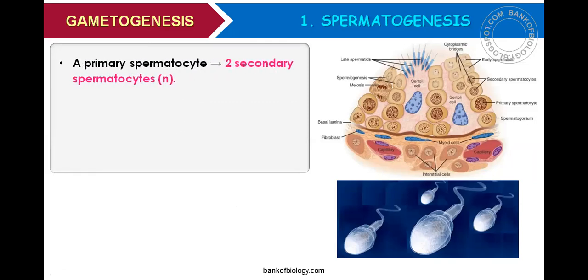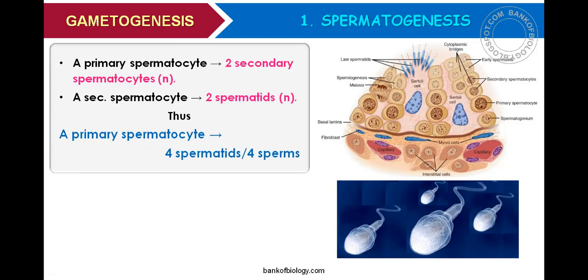So what did we say? Primary spermatocyte undergoes meiosis 1 and forms secondary spermatocyte. Secondary spermatocyte undergoes meiosis 2 and forms spermatid. After spermatid, there is no division. Division happens only in primary spermatocyte and secondary spermatocyte.